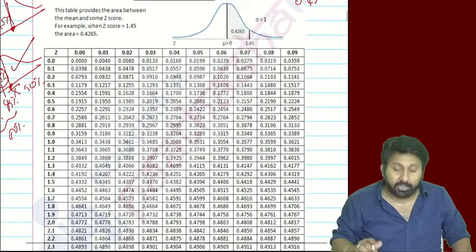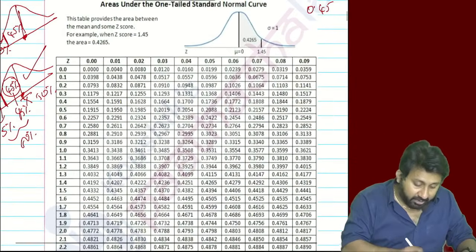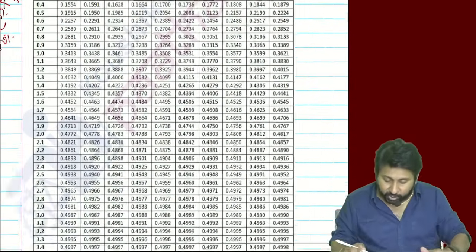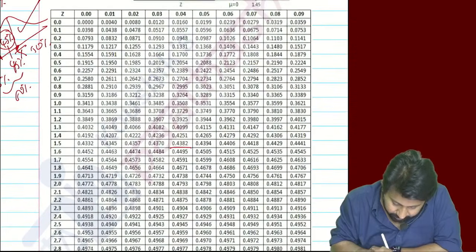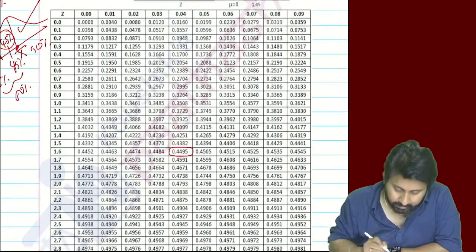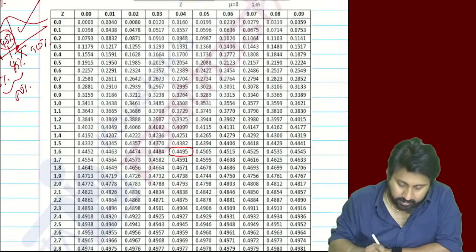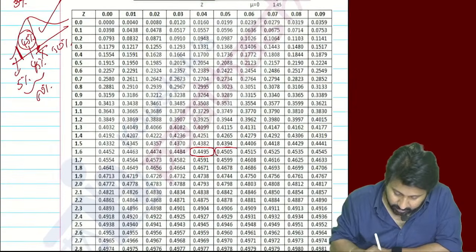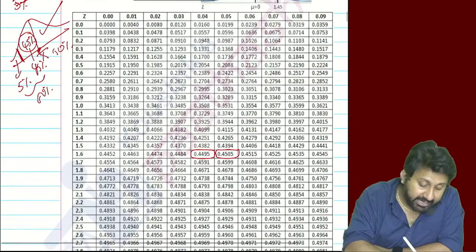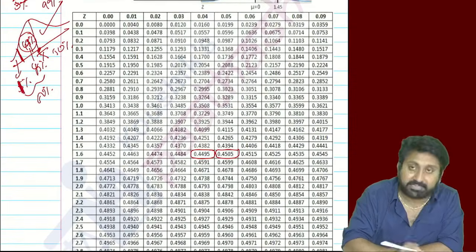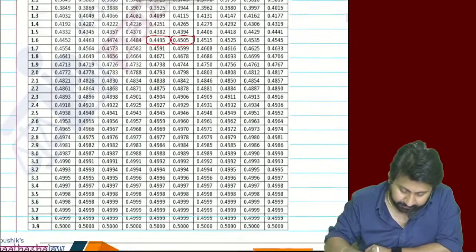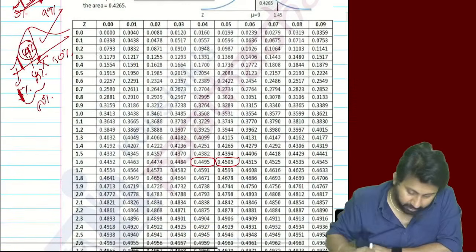Let us check where it is located. If it is 99%, we will take 49%, and here only 1% we will take. That also I will round off. 0.49.